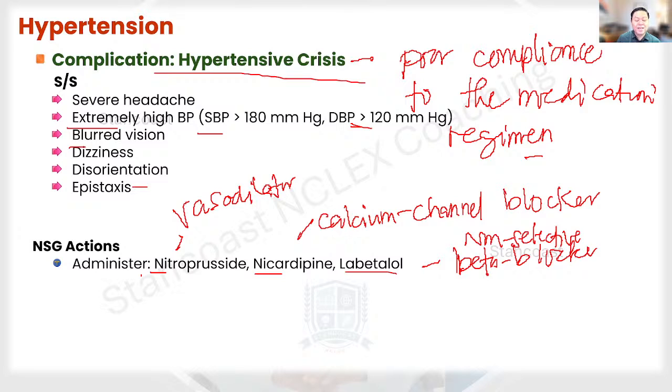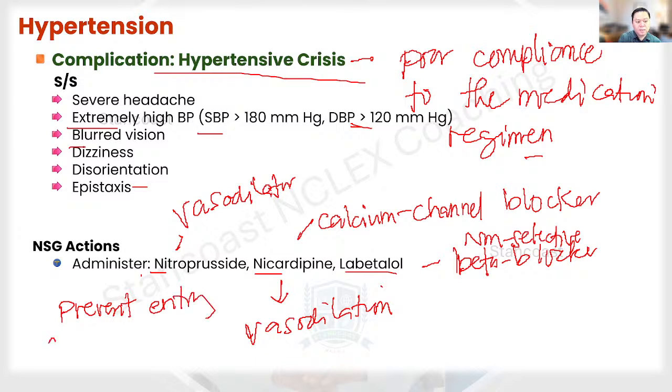So again, it will inhibit the entry of calcium ions into the vascular smooth muscle cells, which can also lead to vasodilation. It will prevent entry of calcium ions into the blood vessel cells.